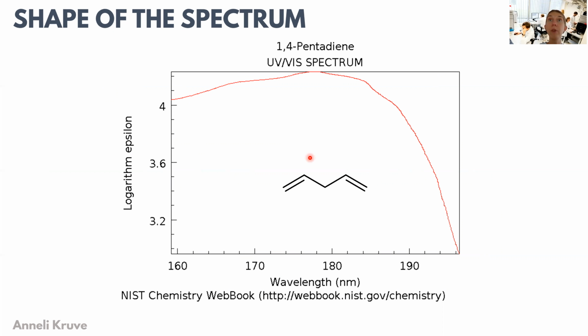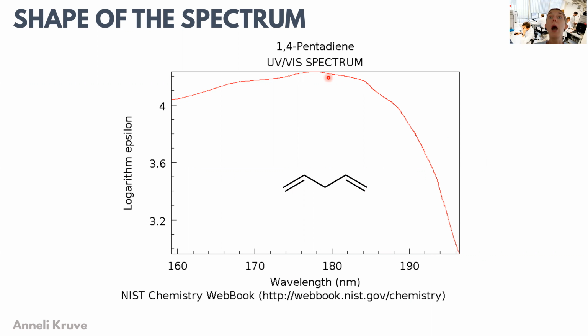And here we have pentadiene, which has two double bonds, and this compound does absorb light in the ultraviolet region, but it's a very tiny amount. Its absorption maximum is actually in the vacuum ultraviolet region, so below 190 nanometers.